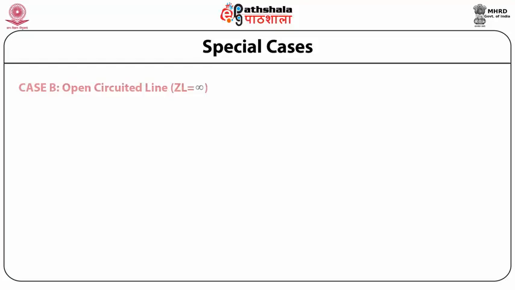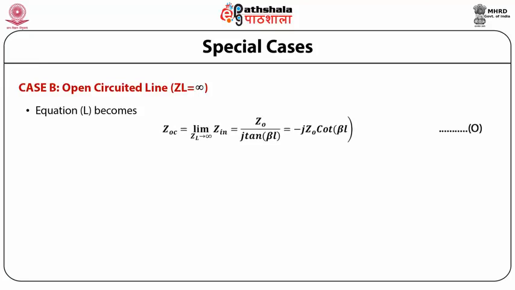Let us now discuss another case, that is the open circuited line, ZL equal to infinity. So now here equation L becomes ZOC equal to limit ZL tends to infinity of Zin, equal to Z0 by j tan of beta L, equal to minus j Z0 cot of beta L. Also, gamma R equal to (ZL minus Z0) by (ZL plus Z0) equal to 1 for ZL equal to infinity.